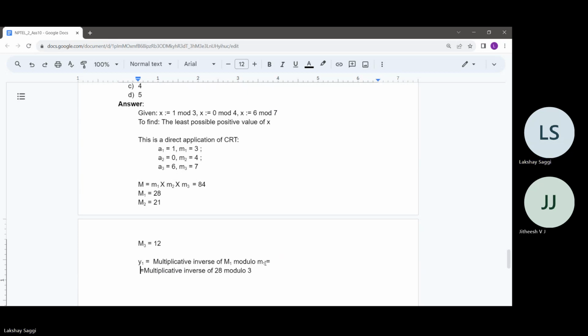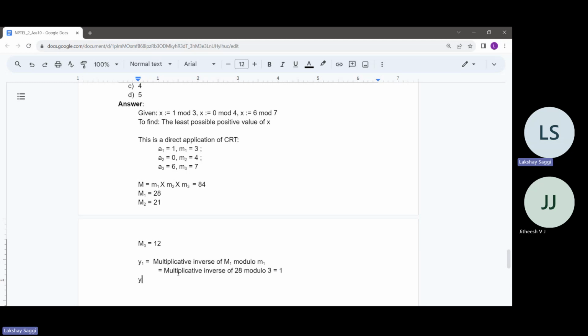You can find it yourself, it won't be difficult. The multiplicative inverse of 28 modulo 3 will be nothing but 1 itself, because 28 times 1 is 28, and 28 divided by 3 leaves remainder 1. So y1 will be 1.